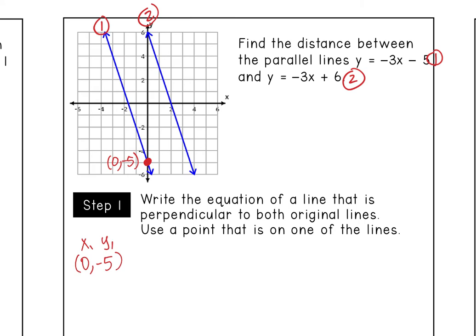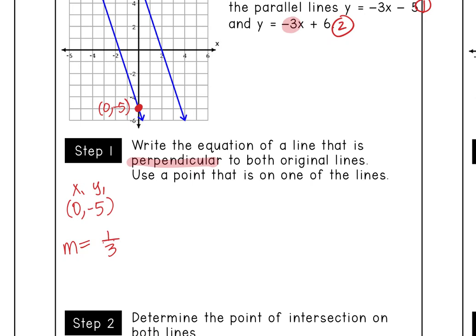And because we're doing a perpendicular line, we want it to be perpendicular to the slope that we already have. So we're going to use positive 1/3. Okay, so filling this into point slope form, I would have y plus 5, because it's minus negative, is equal to 1/3 x minus 0.